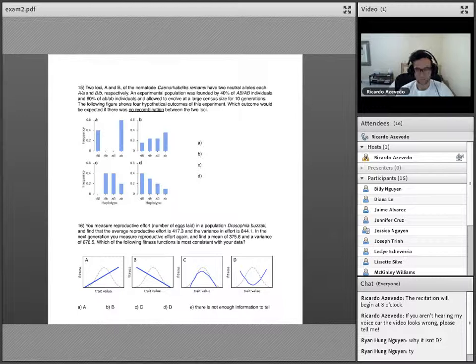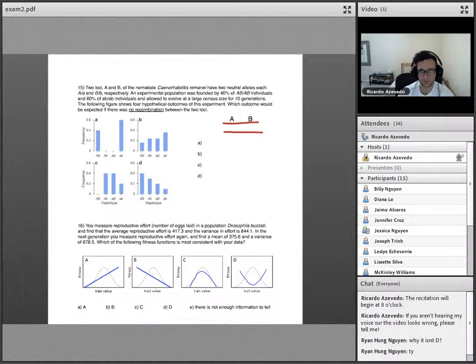So question 15: two loci A and B of the nematode C. remanei have two neutral alleles each, A and B respectively. An experimental population was founded by 40% of, so these are diploid individuals, so if we were to look at the parents, when they start, they have these haplotypes.